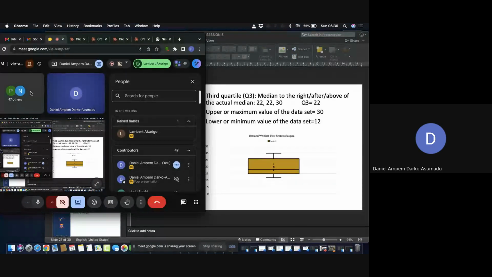They are found in the box. And the whiskers would capture the maximum and the minimum. Please, is that clear?